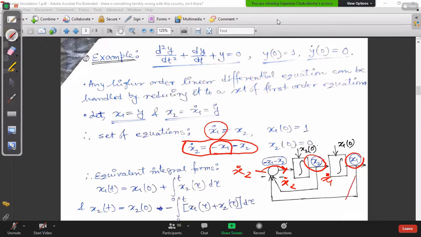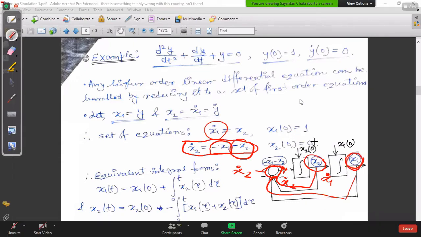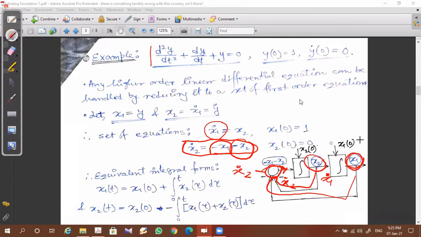So this minus x1 and minus x2. So you need to just connect these two outputs over here to a summer. So what you'll get at the output is the actual value of x1 as a solution of this differential equation. x1 means nothing but your y, the desired value. Okay, I'll make it a bit clear.